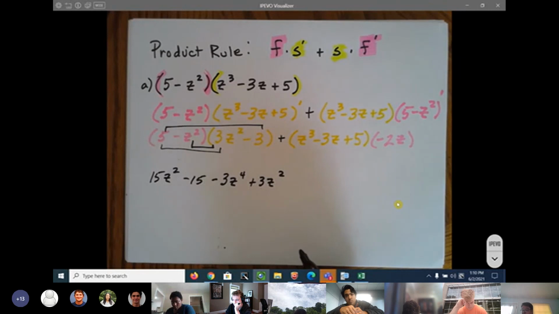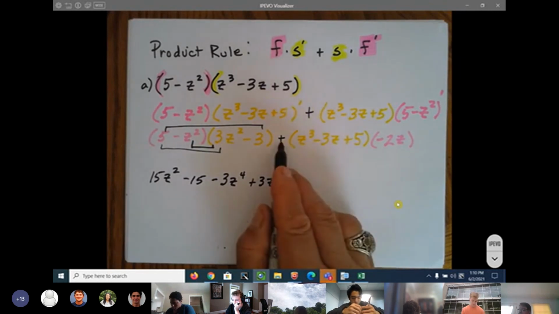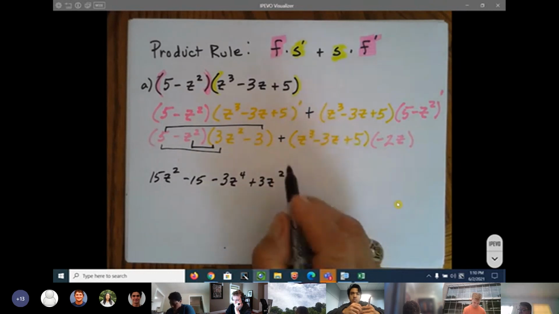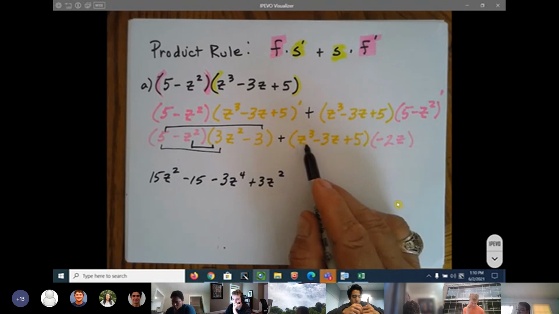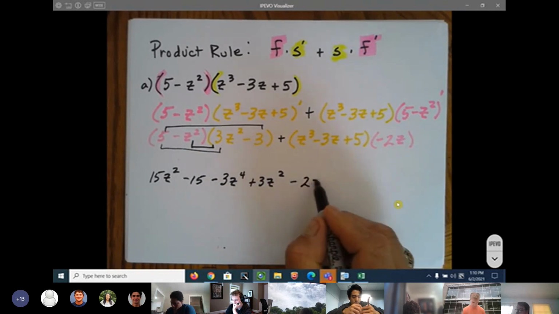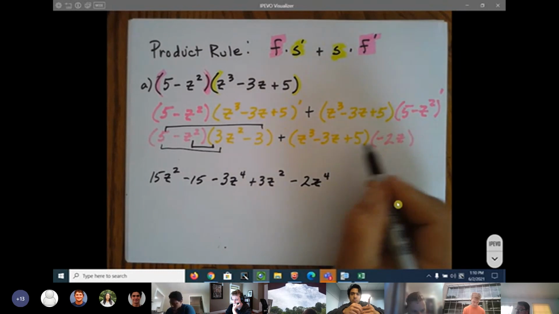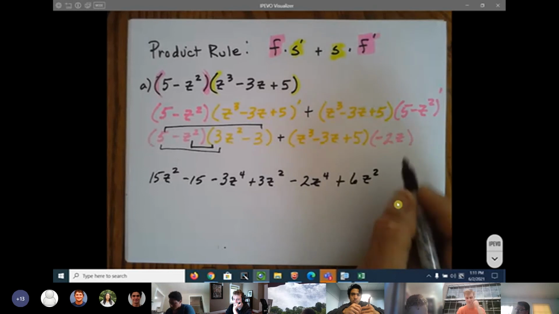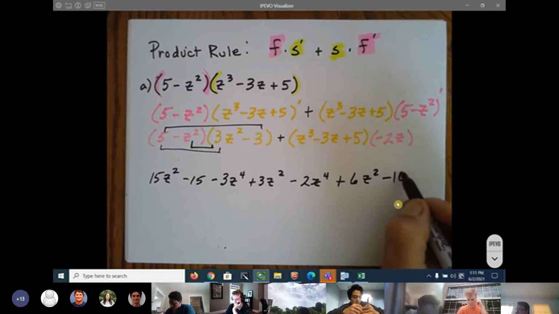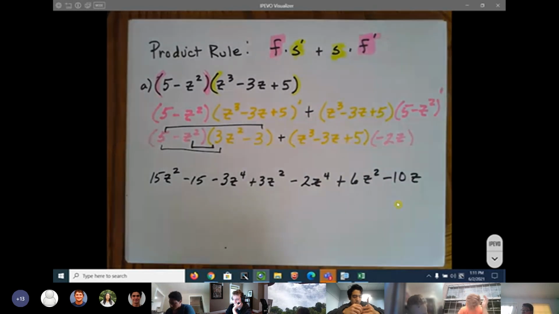Somebody please check me to make sure I didn't mess up anywhere. Since this is plus, we don't have to worry about it messing up, so we can just keep going. Negative 2z times this is negative 2z to the fourth, positive 6z squared, minus 10z. I need y'all to check me and see if there's any problems.